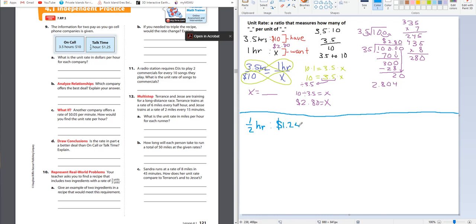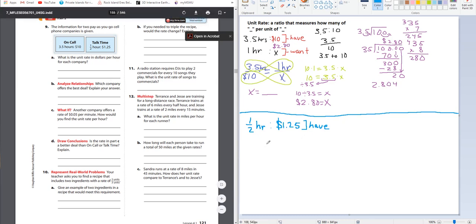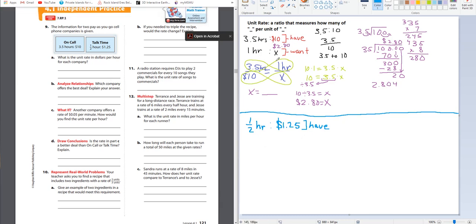Okay, this is what we have. Now we have to say what we want. We did 1 hour here, so let's just do 1 hour here as well, so that we have the same thing to compare. Now we want 1 hour, but we don't know how much it costs per hour, so I'm just going to put X. So this is what we want.